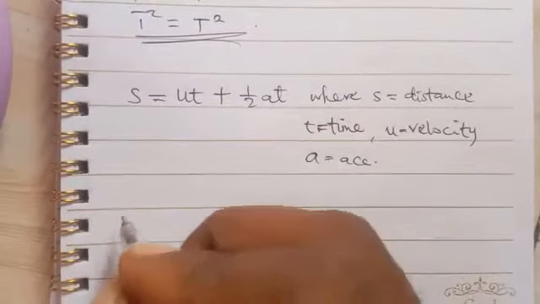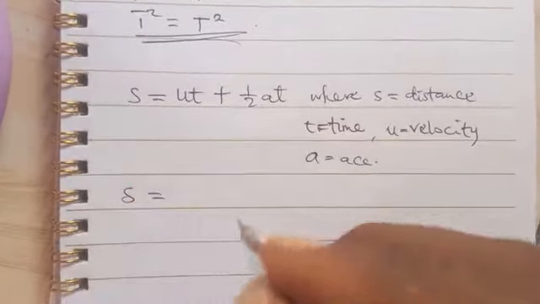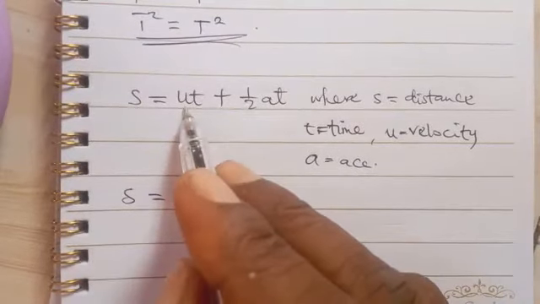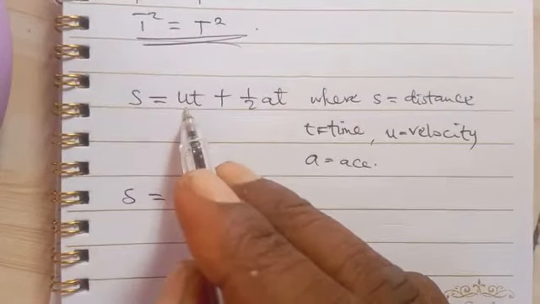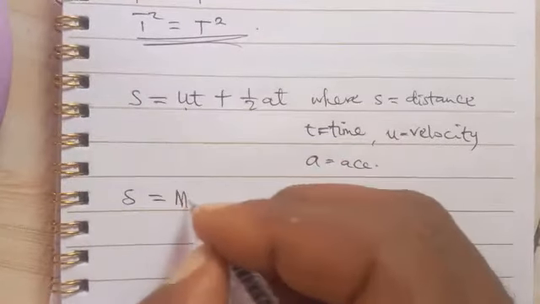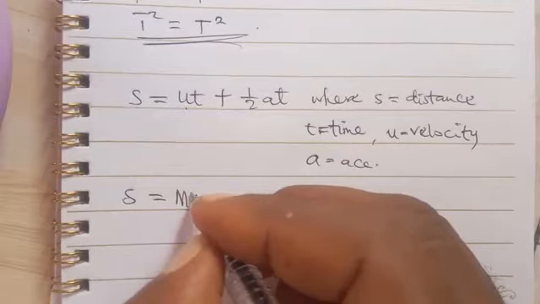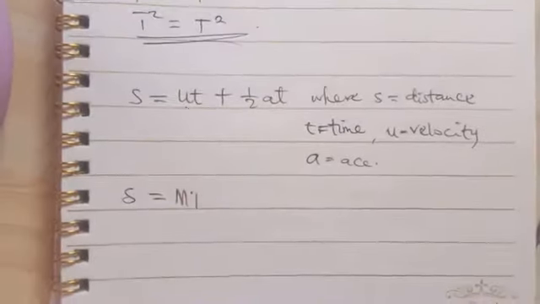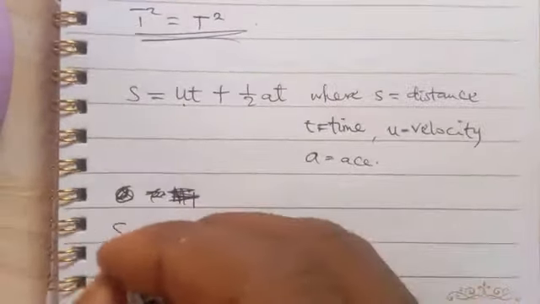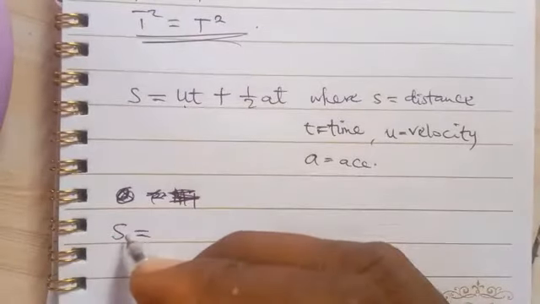Alright, moving forward, we can say s is equal to, this is velocity. Velocity is meters per second. So meters per second, which is t. So we can say s is equal to, that's distance.